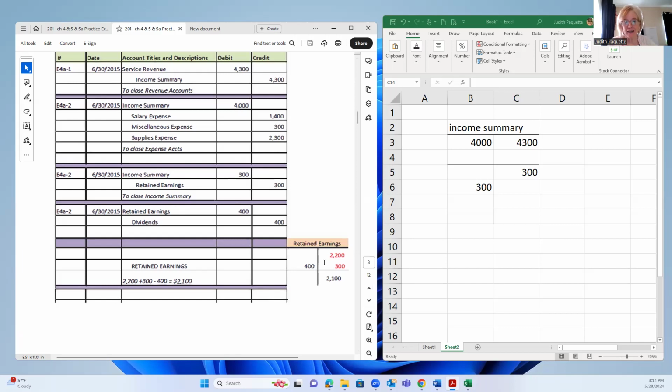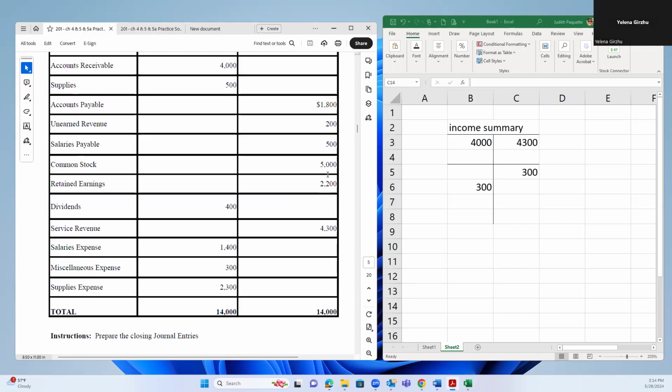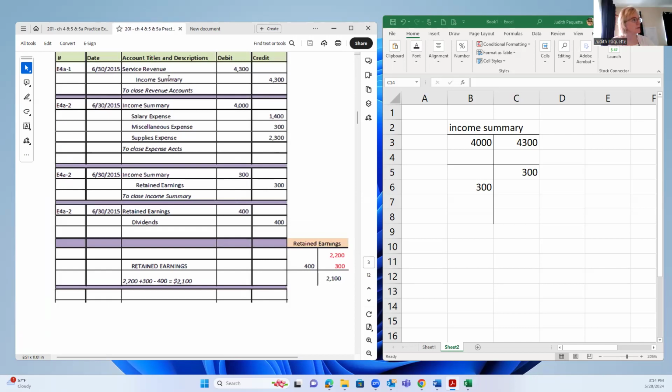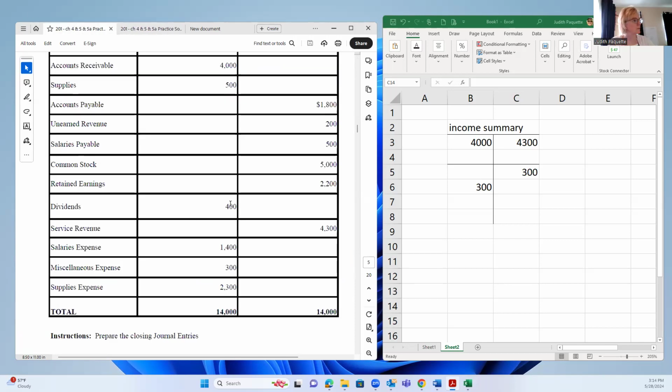But like all T accounts, you have to put the beginning balance in first, and we got the beginning balance from the trial balance here, okay? Then nothing for retained earnings in entry one, nothing in entry two, but here we closed income summary, so there's our 300. The 400 is dividends. We close dividends directly to retained earnings.